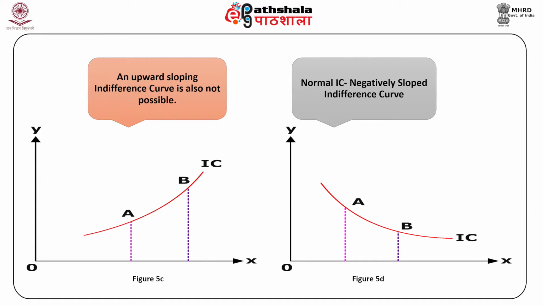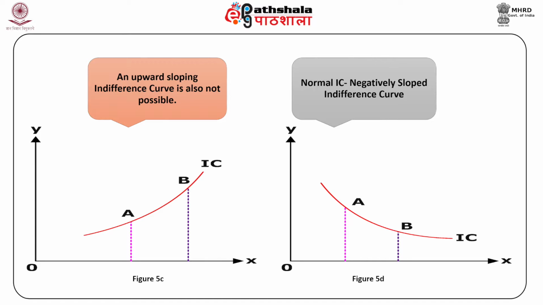In all the three situations discussed above, the level of satisfaction of the consumer rises as he moves from point A to point B, since he starts to consume more of at least one commodity. Therefore, normal indifference curves cannot be horizontal, vertical, or upward sloping.